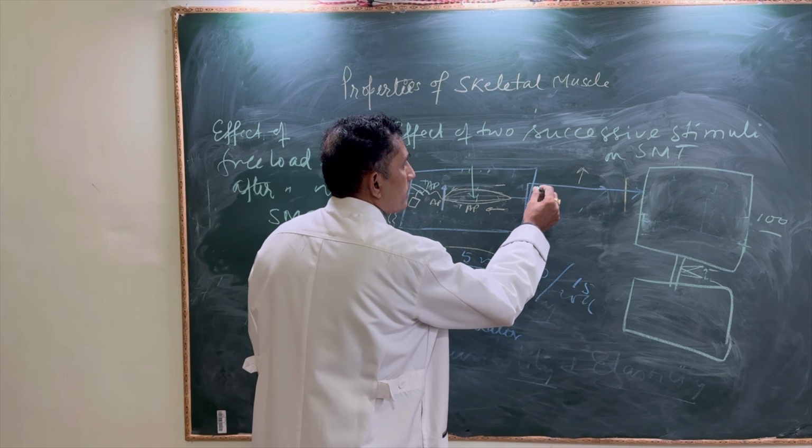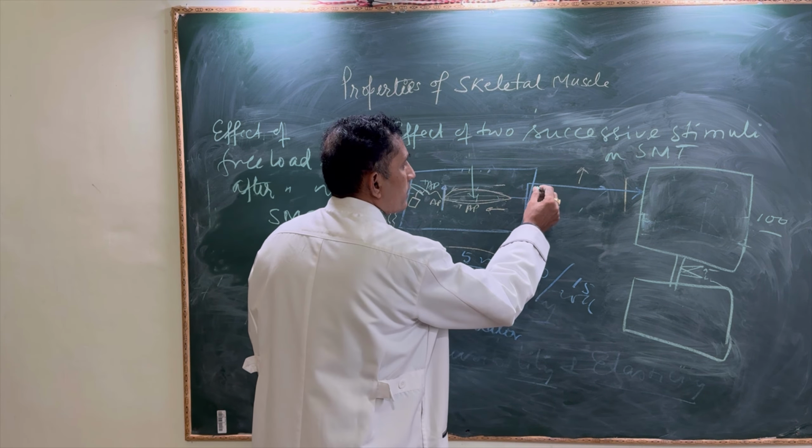Here we have holes where we can apply the load. Try to understand: this is the lever, and in the holes we can apply the load. So this load can be 5 gram or 10 gram.